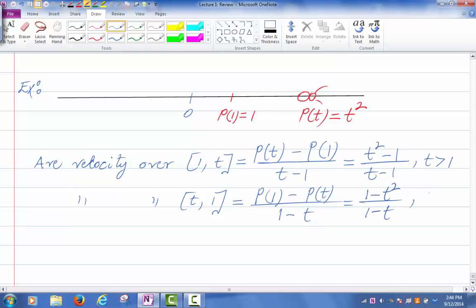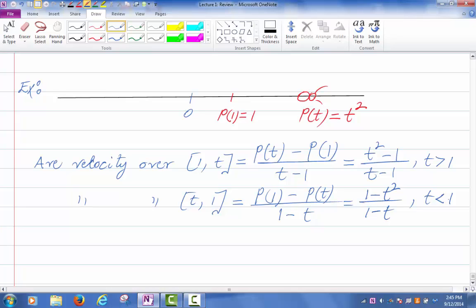Are they the same? They are actually the same. The two ratios are the same because in the numerator I can flip them, in the denominator I can flip them, and then it becomes the same. If I flip both terms in the numerator and both terms in the denominator, I'm not changing anything.